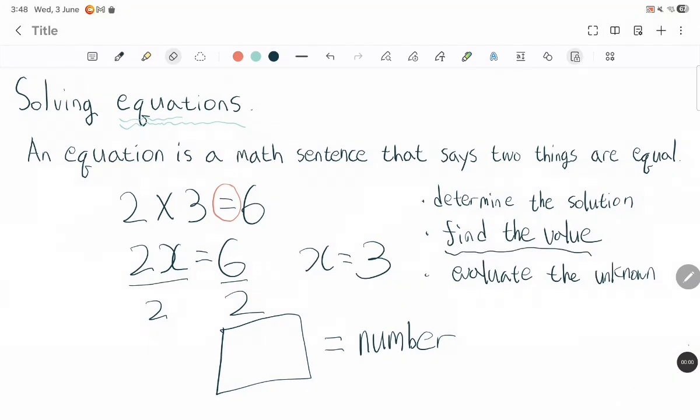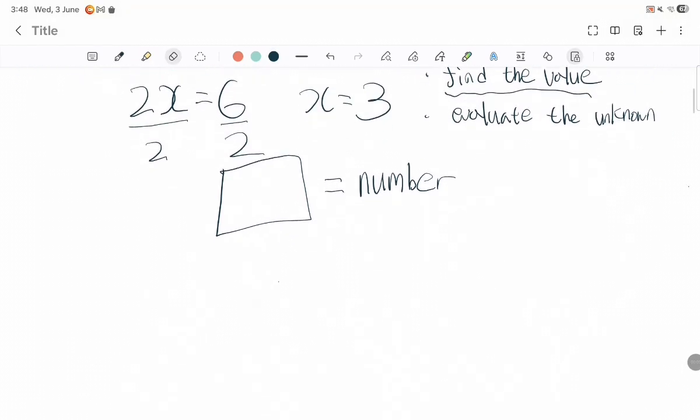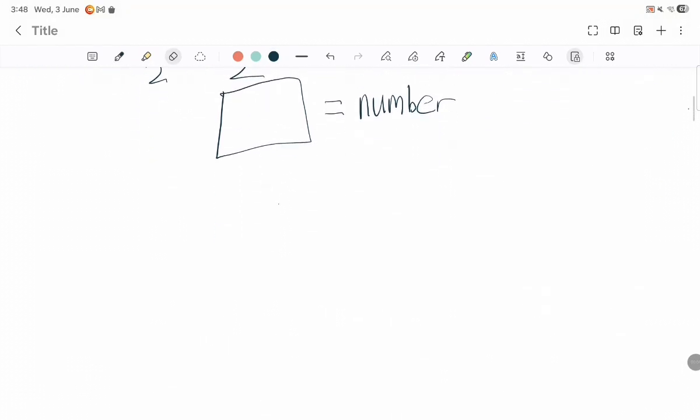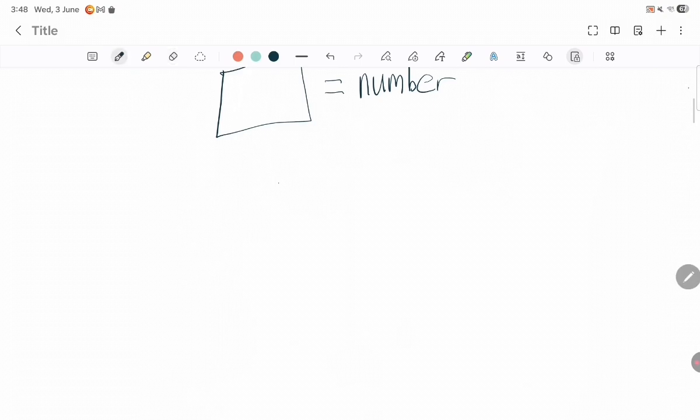Let's quickly go over some examples of equations and try solving them. Let's have a look at this one: x plus 2.1 equals 13.2. What we want to see is one equation that says x equals a single number.